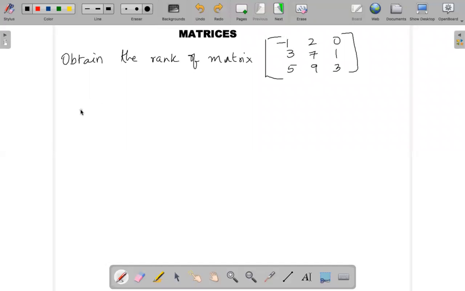So let us find the rank of the given matrix, which is in 3 by 3 form.